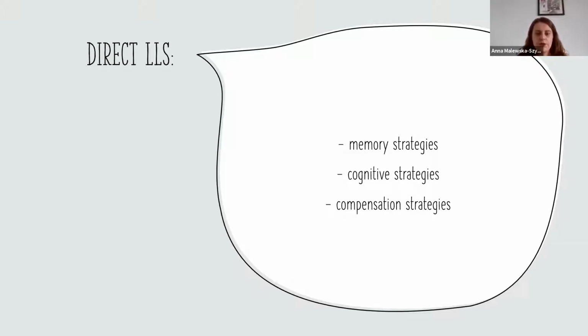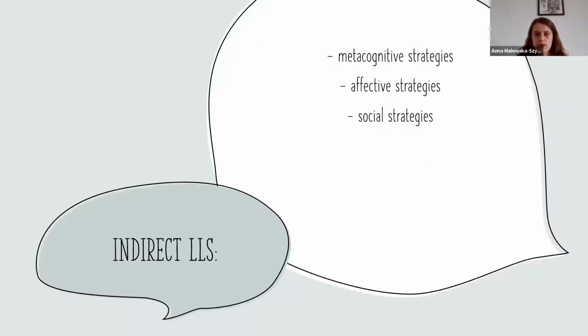Yes, we try to figure out the meaning, for example, from context, etc. And then there are indirect language learning strategies, metacognitive ones, which are connected with assessing our progress. Yeah? So the students try to assess how well they have mastered some aspect of English, for example. Affective strategies directly connected with our emotions, our attitudes, motivation, and social strategies. So these are mostly connected with interaction among students.